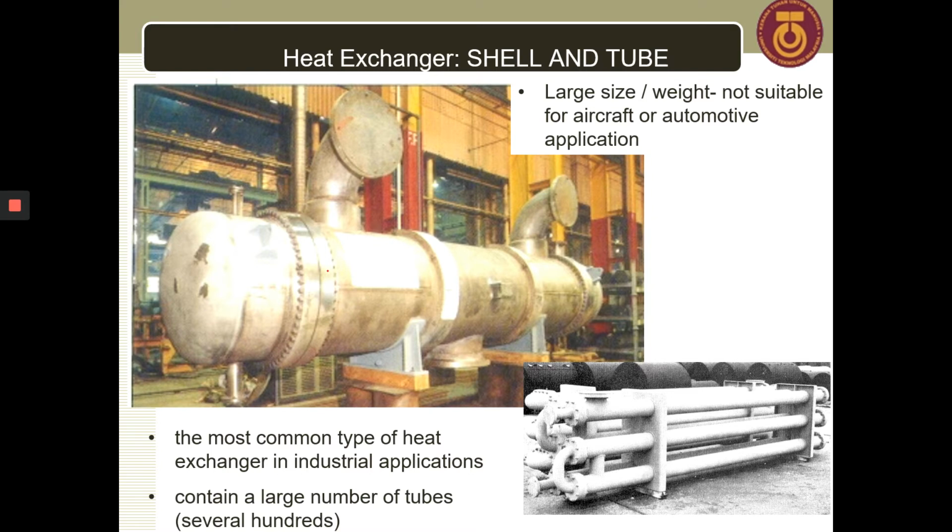Normally it is used in industry. It can have more tubes, maybe hundreds, in the shell. So the size, if you can imagine, is very, very big, and you can even swim in this shell and tube heat exchanger.